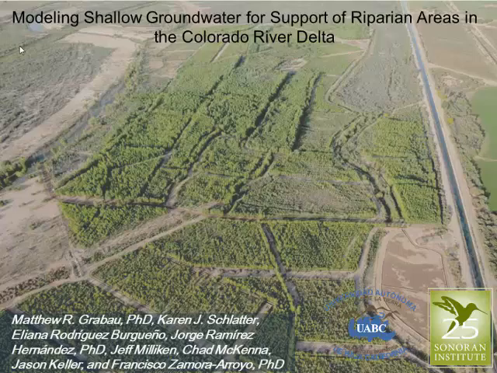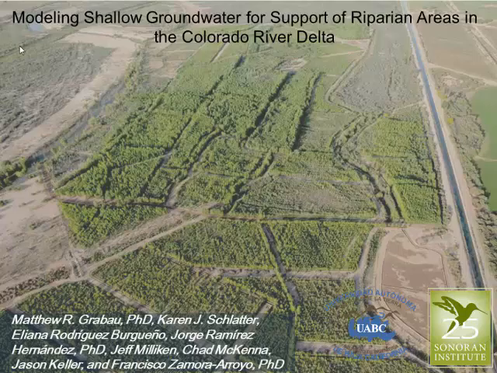So I'll be talking today about some groundwater modeling work we're doing with a lot of really good leadership from UABC, the Autonomous University of Baja California in Mexicali. I'll be talking about some of the scenario modeling work that we're doing specifically for Reach 4 of the Colorado River Delta.